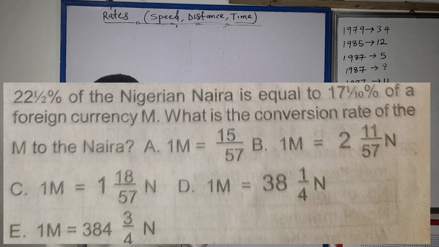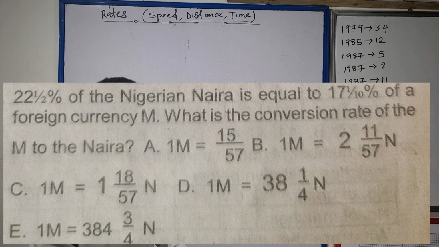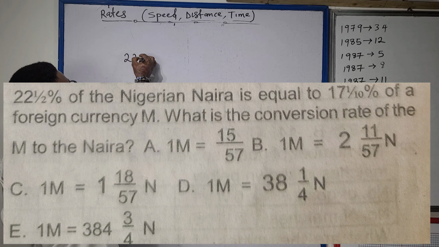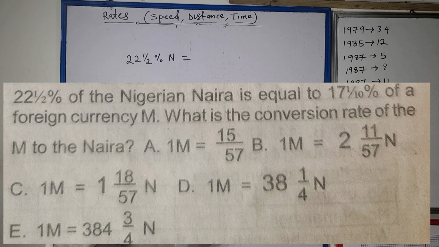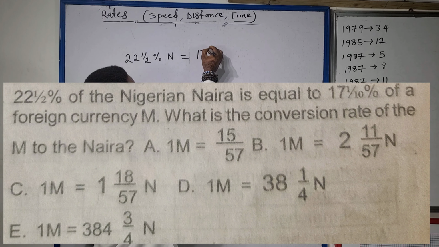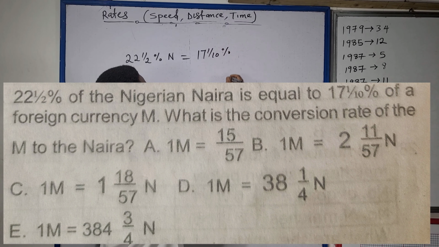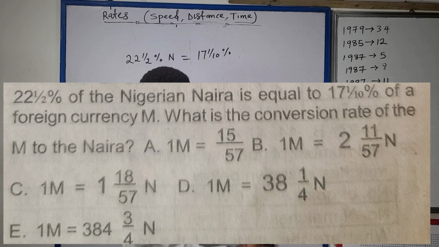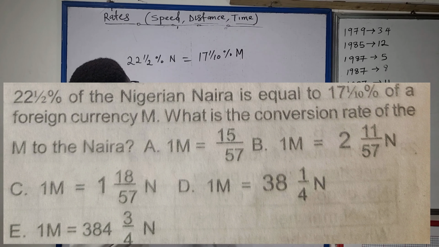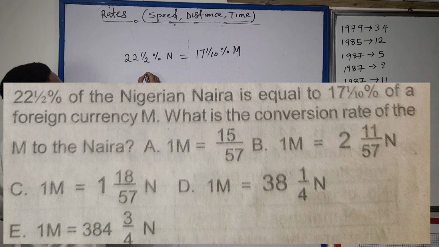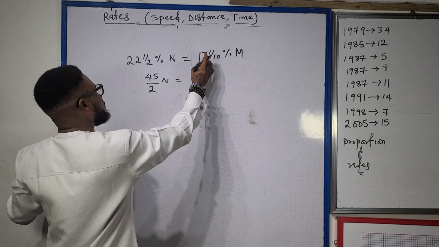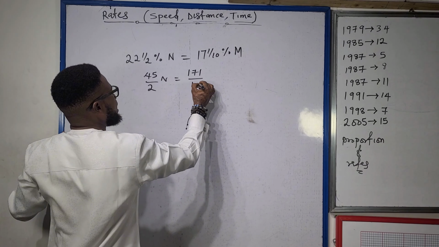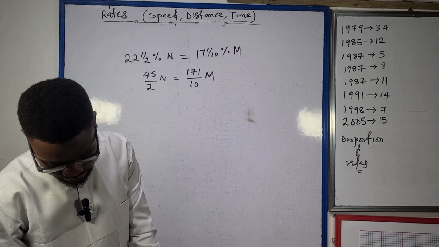It says, as you can see on your screen, 22.5% of the Nigerian naira equals 17 1/10% of a foreign currency M. So what that means is, if I convert, 45/2 N equals 171/10 M.